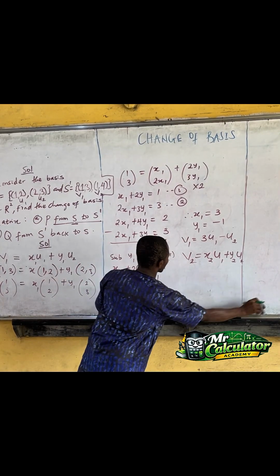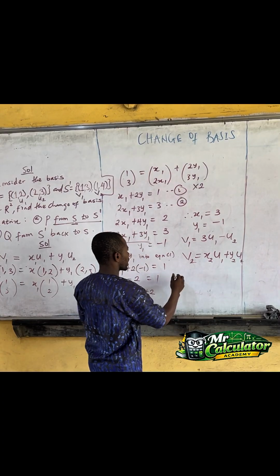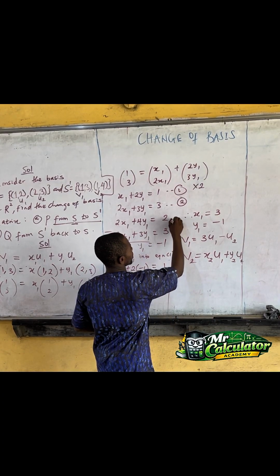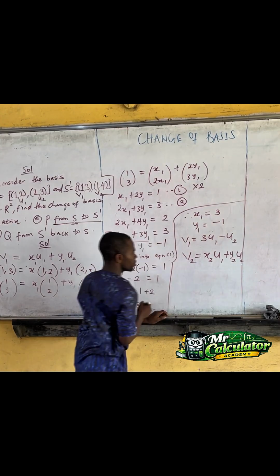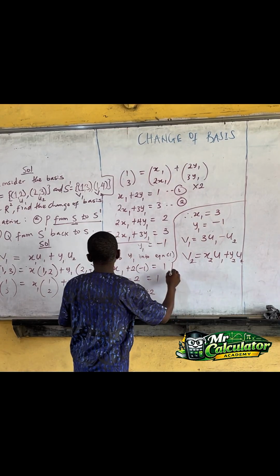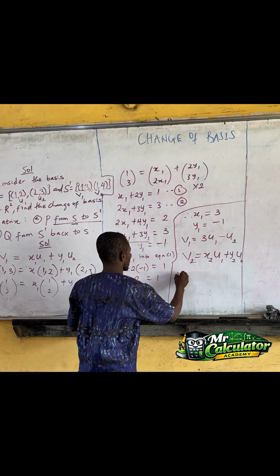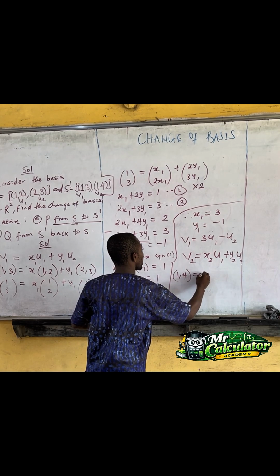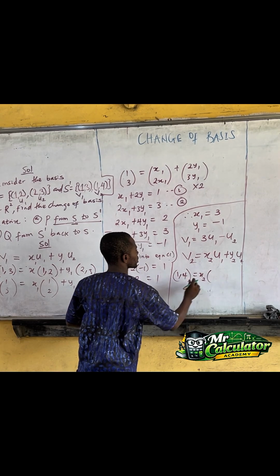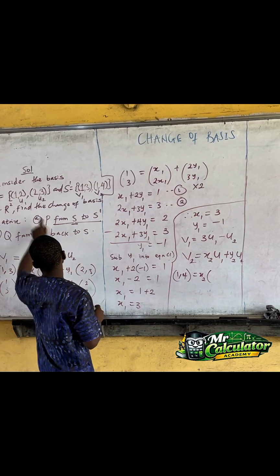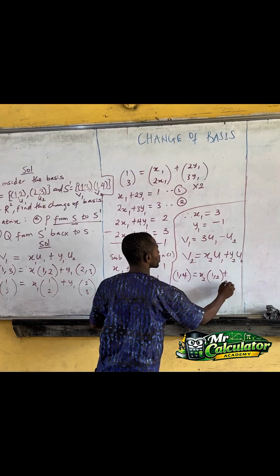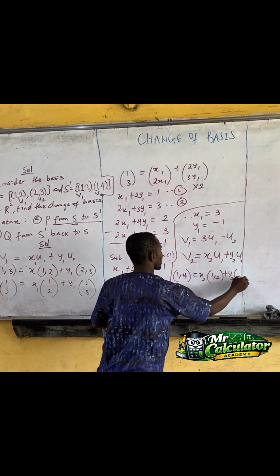The same pattern. So from here, v2 is what? 1 and 4, or 1, 4, equal to x2 bracket. What is my u1? u1 is 1, 2, plus y2 bracket.